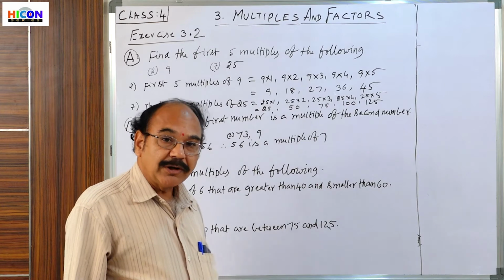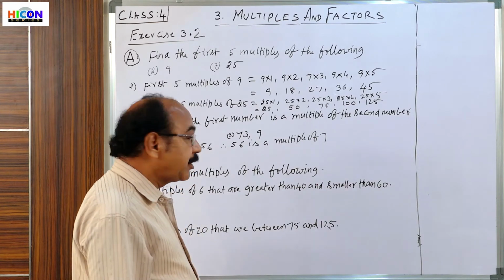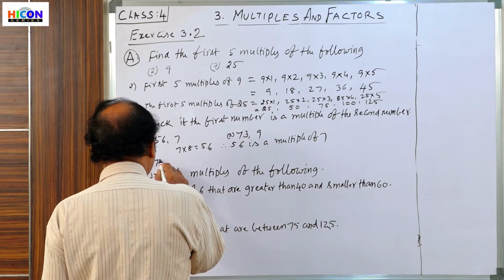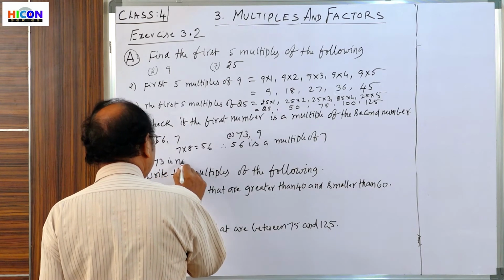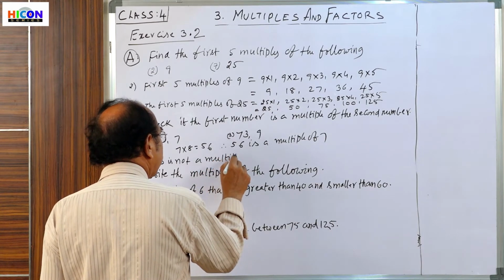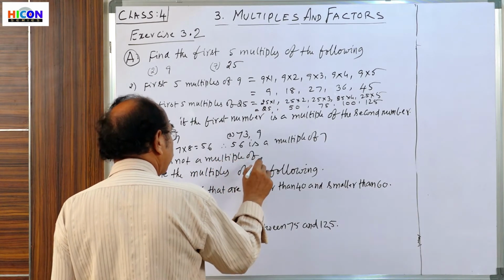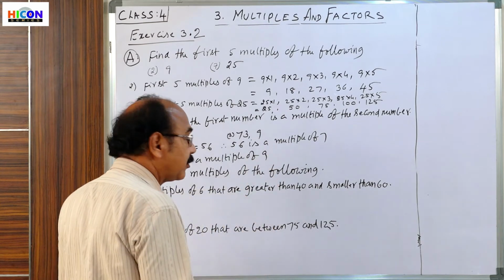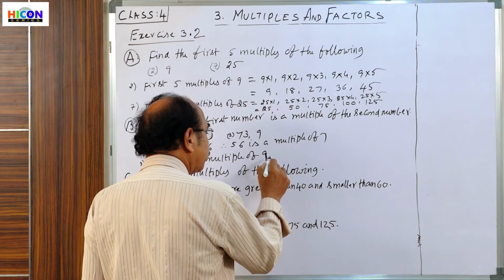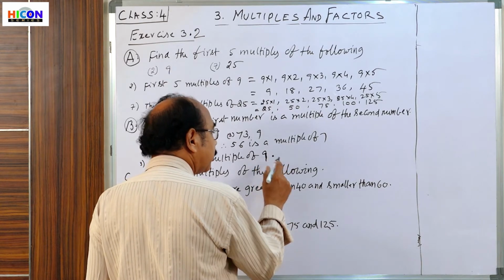So what do we say? 73 is not a multiple of 9. What is the reason? Here you write the reason also.